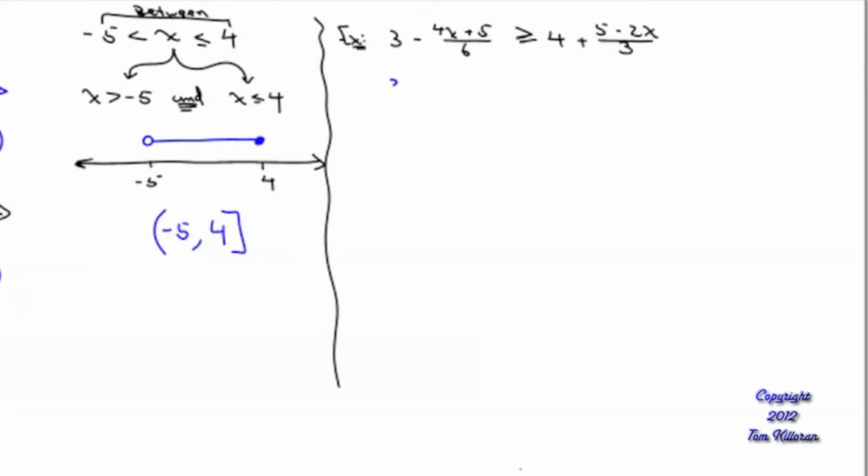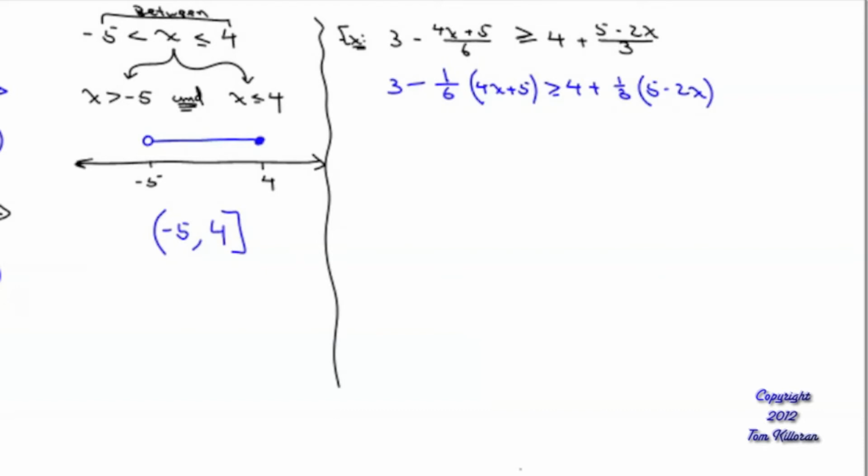Write this as 3 minus, this 6 really represents 1/6, parentheses, 4x plus 5 is greater than or equal to 4 plus 1/3 times the quantity 5 minus 2x.